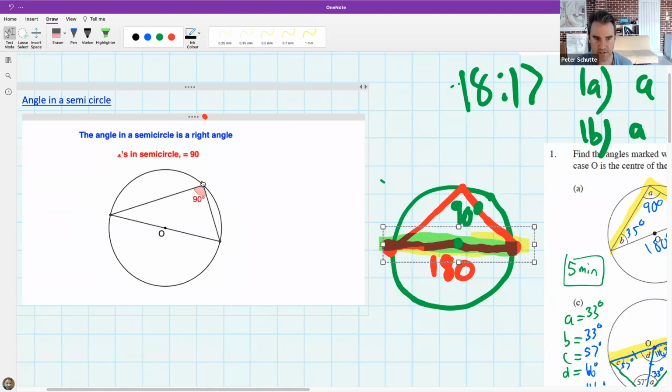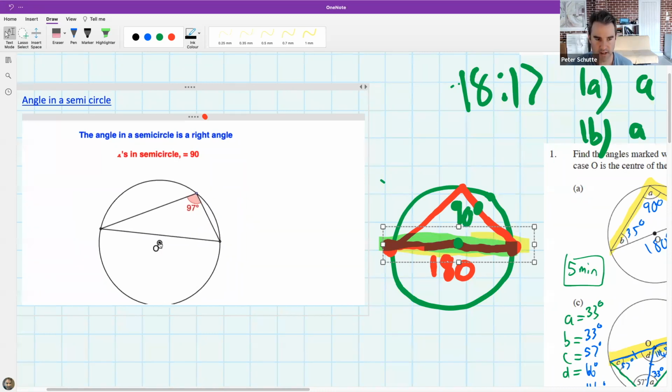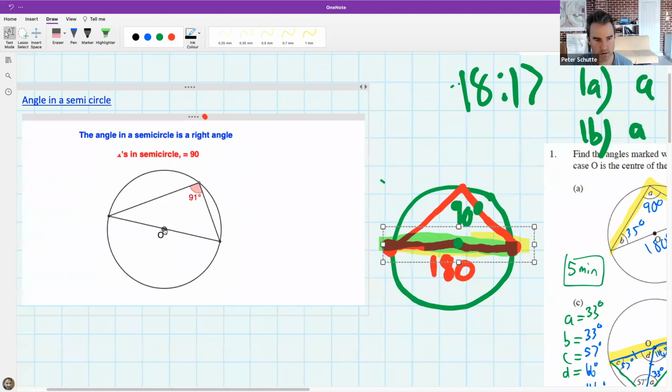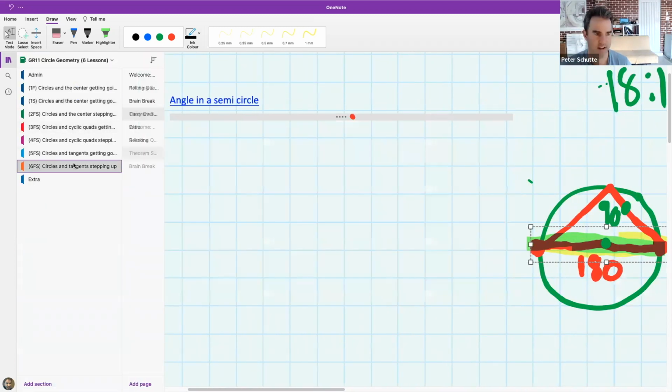So you can see it visually. The moment you have a diameter, if you move this off the diameter, notice how the angle changes to 98. If you move this back on, it's 90. I would really recommend going back to watch video 2 to get a better understanding of that one.